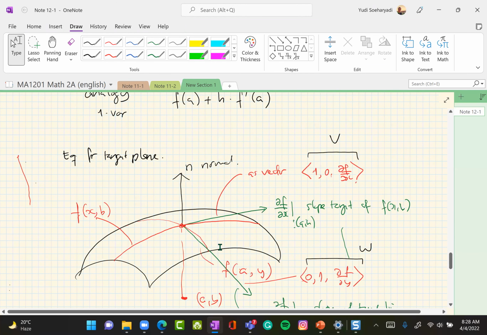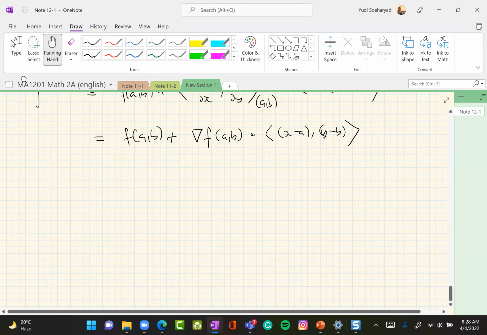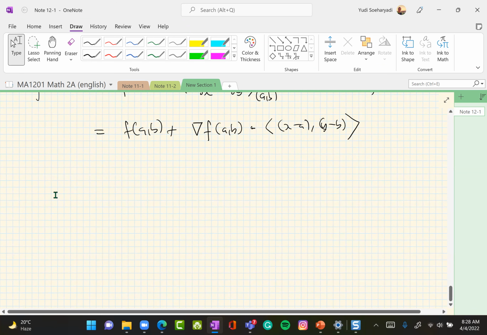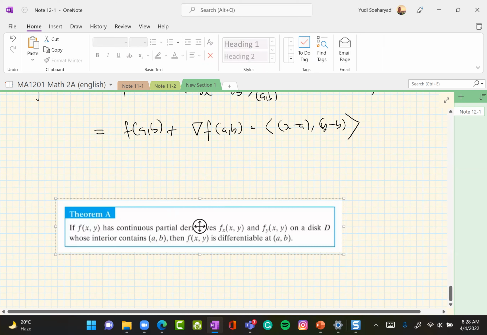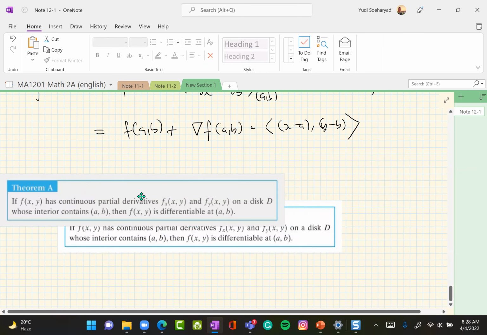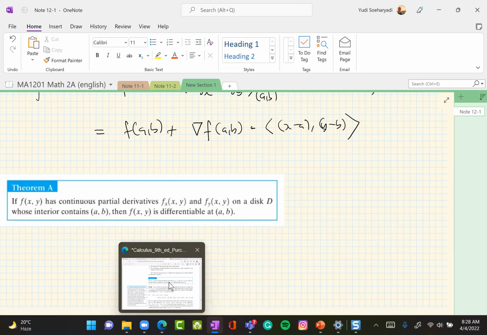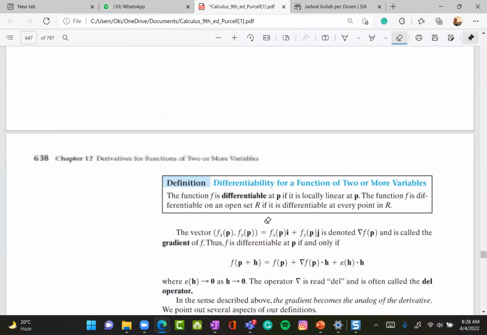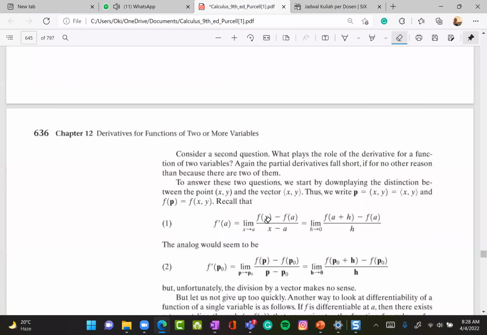So the thing is this one. And the question is, why is this example not differentiable? If we go back to this one here, at the beginning, why is this not differentiable?